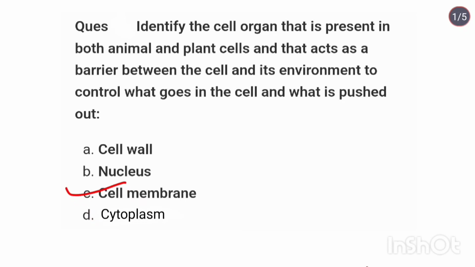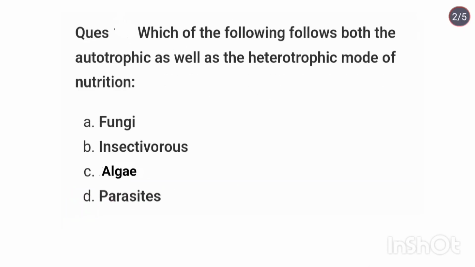The cell membrane is the cell organelle responsible for controlling the movement of substances in and out of the cell. The membrane acts as a barrier between the surrounding environment and the cell itself and is present in both the animal and plant cell. Which of the following follows both the autotrophic as well as the heterotrophic mode of nutrition?